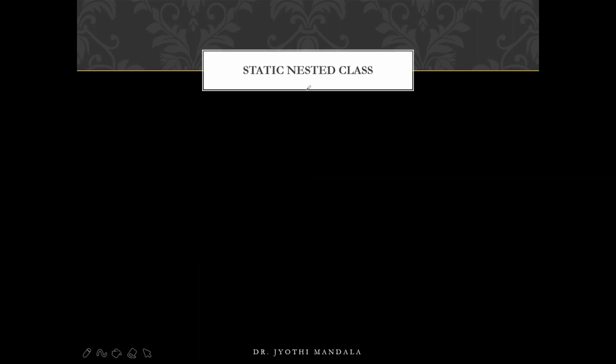We will discuss this static nested class in detail with an example. A static nested class is when, in a class, you write one more class and declare that class as static. We already learned about the static keyword in detail in our earlier classes. If you add this keyword to the inner class, then that class is referred to as a static nested class.